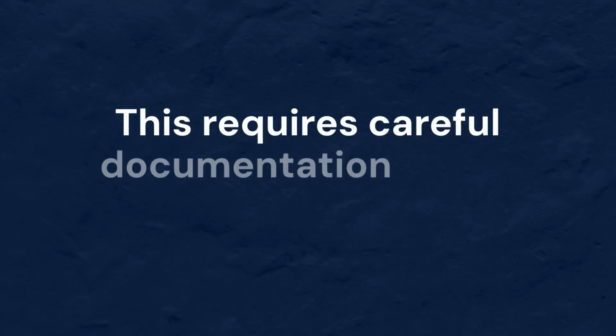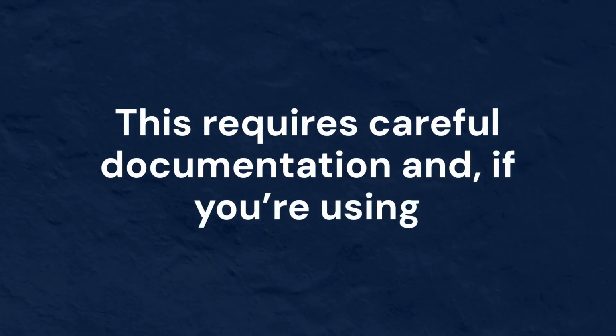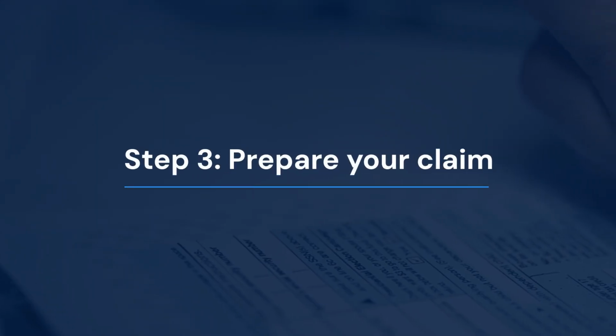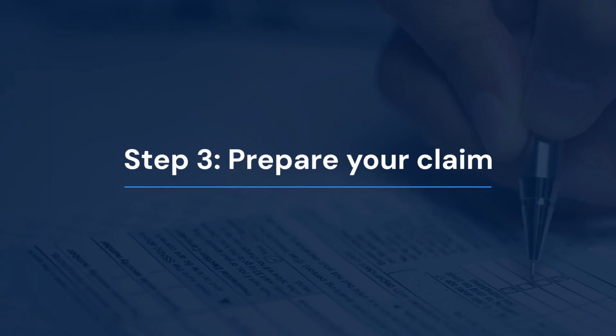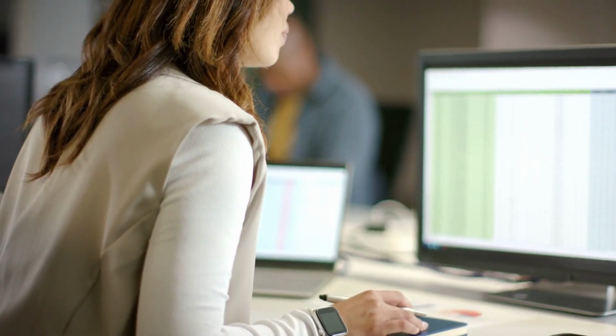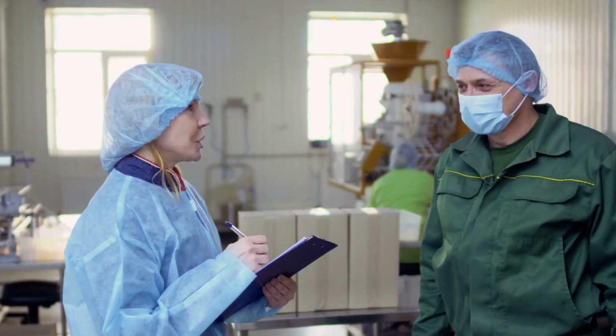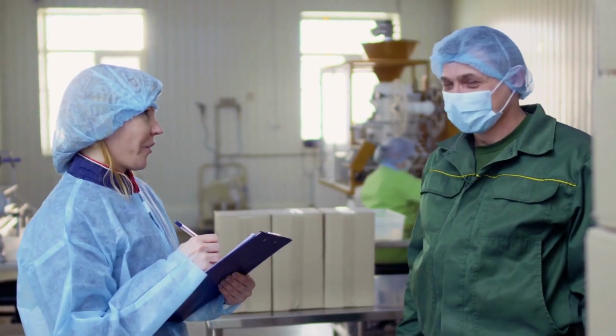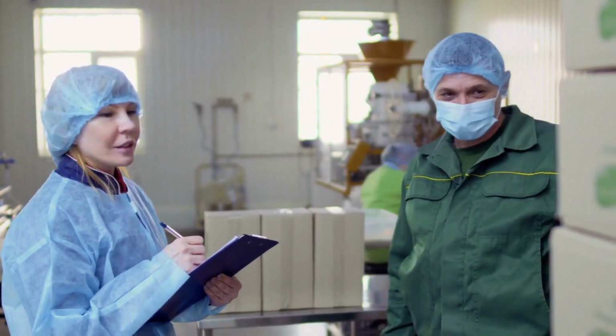This requires careful documentation and, if you're using substitution, a clear link through HTS codes. Step 3. Prepare your claim. This involves gathering all supporting documents, confirming quantities and values, and ensuring you use the correct HTS codes, including the special Chapter 99 code that flags Section 301 duties.